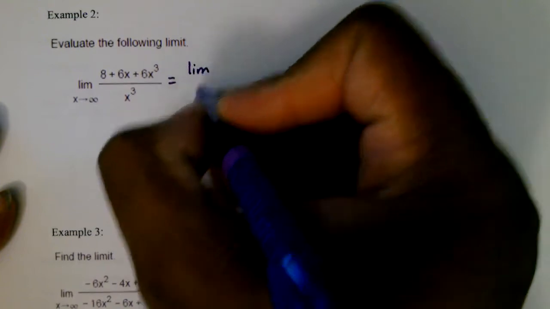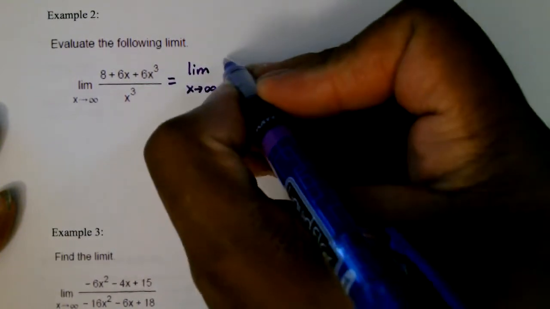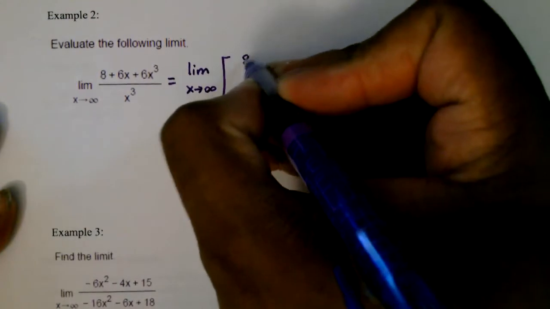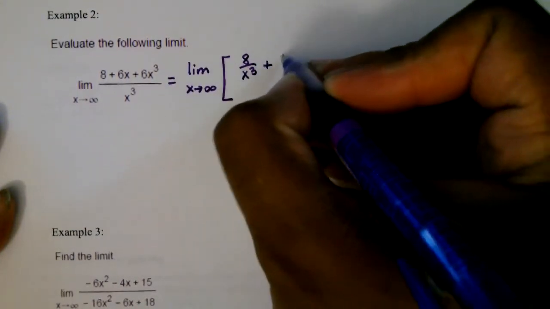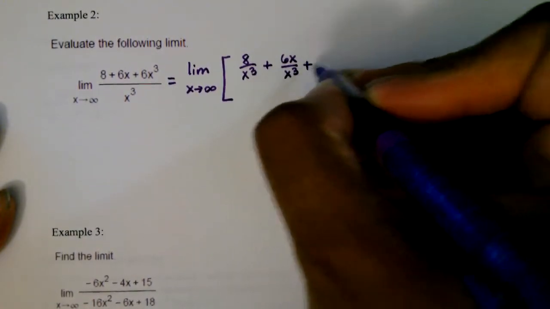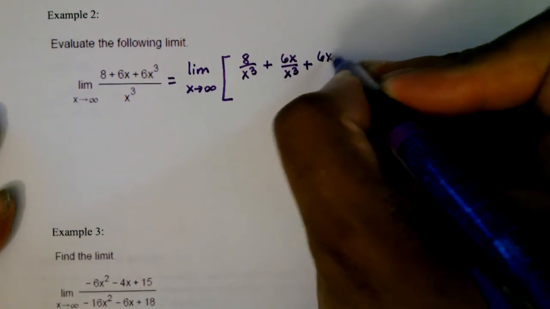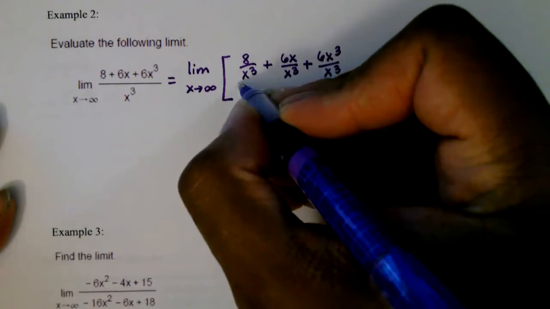So here we're going to divide each term in the numerator by x cubed. That means I'm going to bring up the limit as x approaches infinity of 8 divided by x cubed plus 6x divided by x cubed plus 6x cubed divided by x cubed.